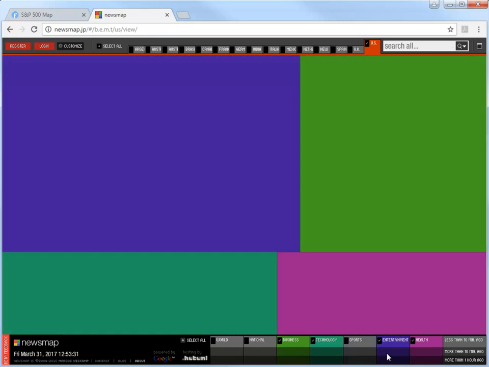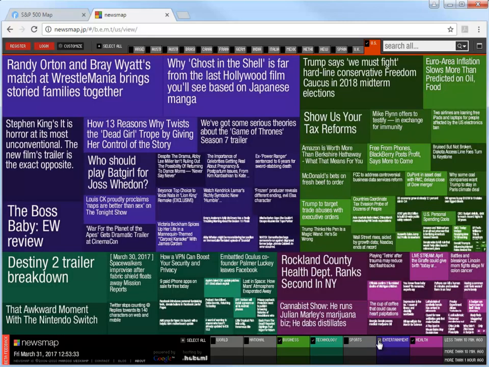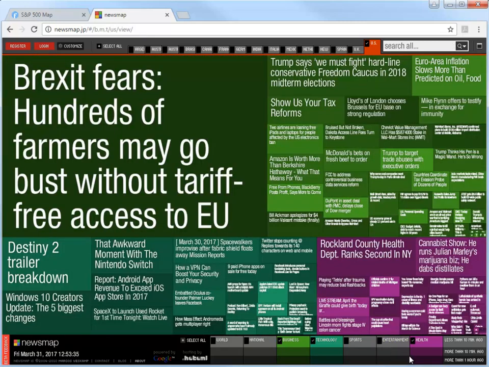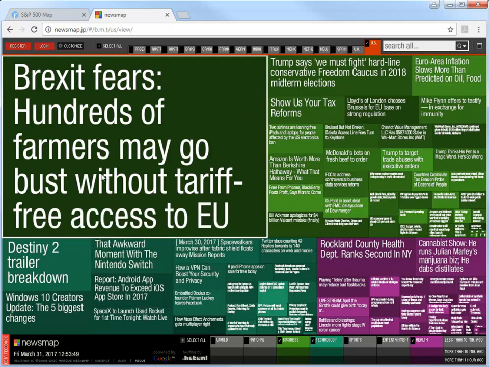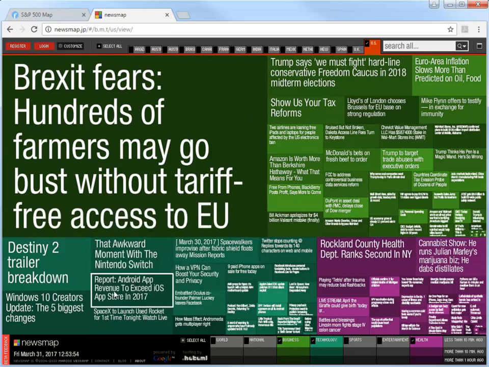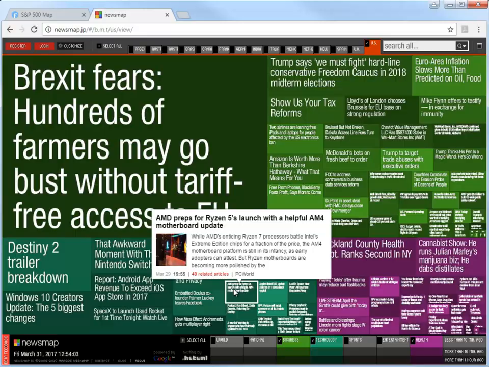I'm really not into sports that much. I have a tough time getting to the movies. I do care a little bit about my health, but it's mostly about business and technology. So I just leave these on, and the tree map reorganizes itself into equivalent relationships of these stories, organized in a tree map.